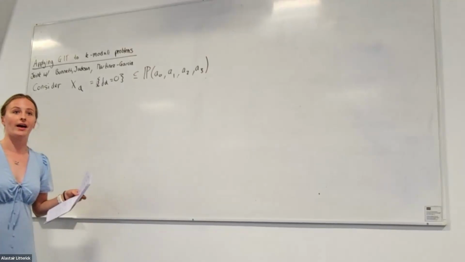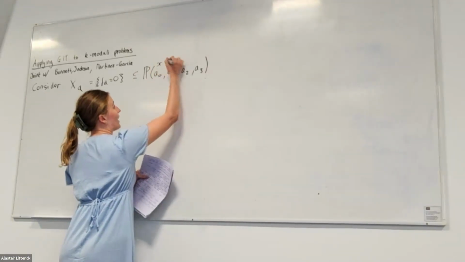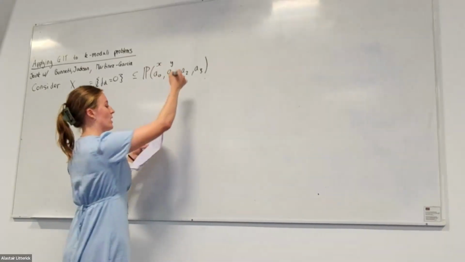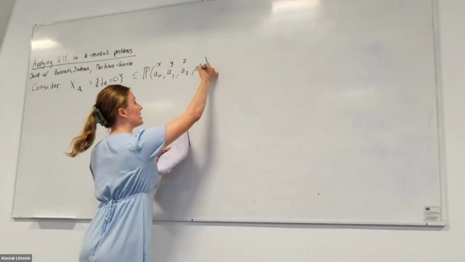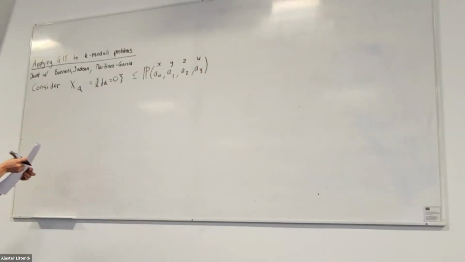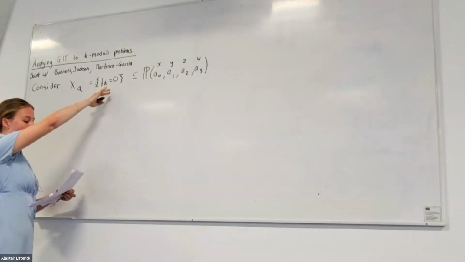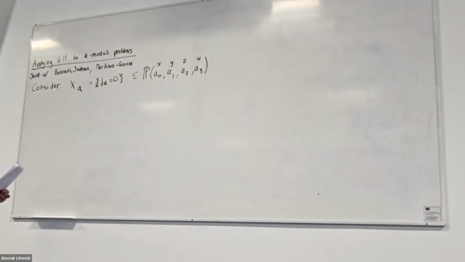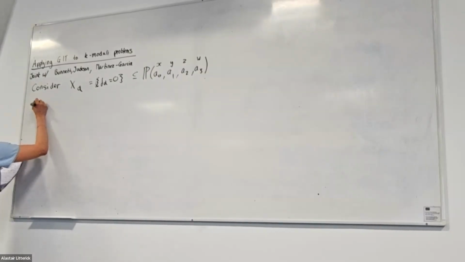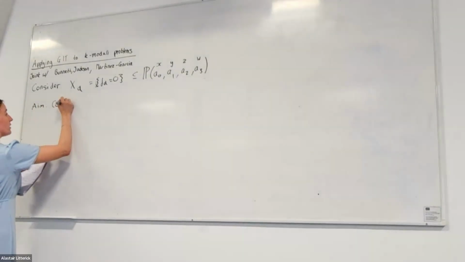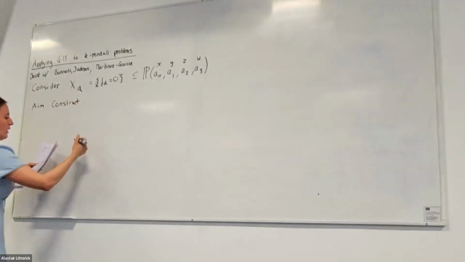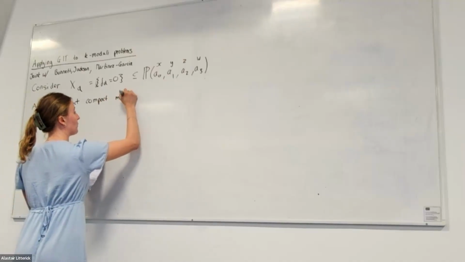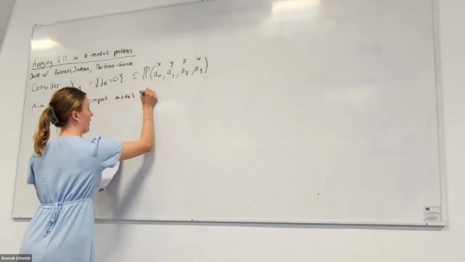This is where our x variable has weight a_0, our y variable has weight a_1, z has a_2, and w has a_3. And then we have our weighted homogeneous polynomial F_D of degree d. Our aim is to construct a compact moduli space of this.